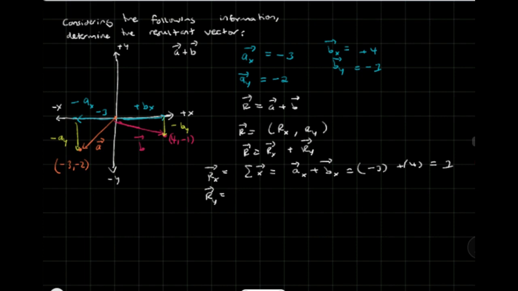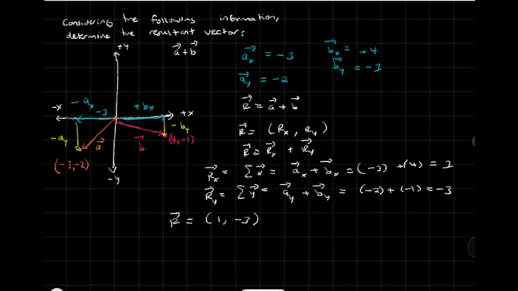The y component of the resultant vector is the sum of all the y components, which is basically Ay plus By, which is negative 2 plus negative 1, which is negative 3. Okay, so now you can see that your x value is 1, your y value of the resultant vector is negative 3, so your resultant vector has the coordinates 1 and negative 3.